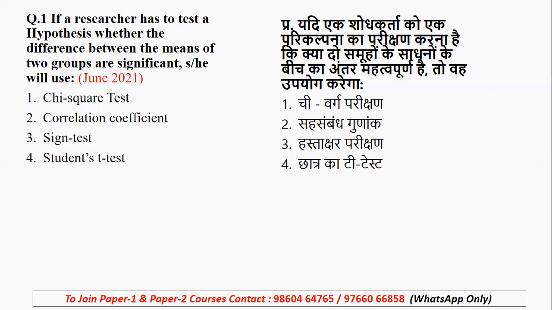For that, what will the researcher use? Either a chi-square test, a correlation coefficient, a sign test, or a student's t-test.